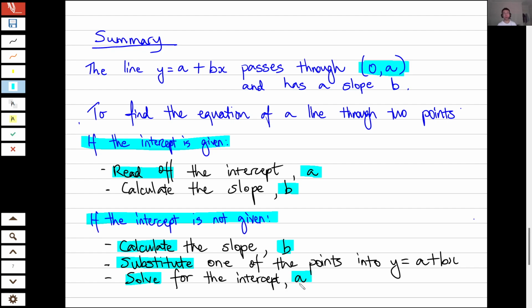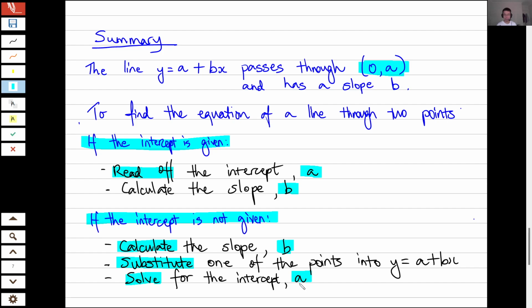So notice the order is different. If you're given the intercept, then you just have to find b. If you're not given the intercept, you'll have to start by finding b first, and then you have to find a. You can't do it the other way around. So I hope that by putting it to you this way, this will be helpful.